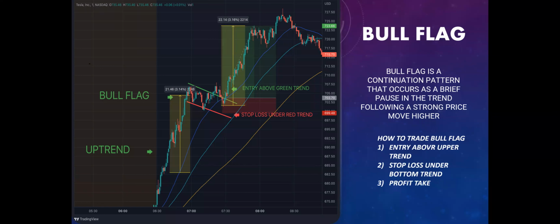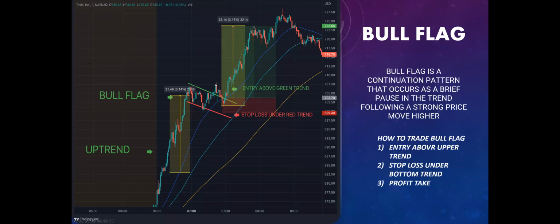Yeah, this is what I'm saying. The entry should be once we break the upper trend, with the stop loss under the bottom trend. Or your entry could be on the touch of the bottom trend with a stop loss right underneath it. It depends on how familiar you are with patterns.